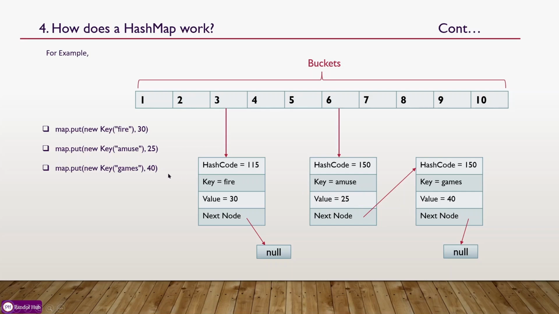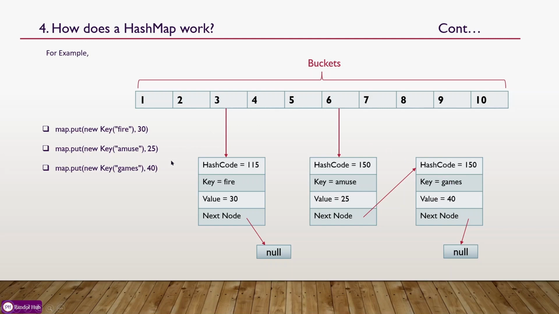Here what we need is the value 40. It will go to the first node and use the equals method to check the value. We need 40, but it is 25 here, so it goes on to the other node. Now the equals method returns equal, because 40 is the one we are looking for. So this is the node we are looking for, and it retrieves it for us.